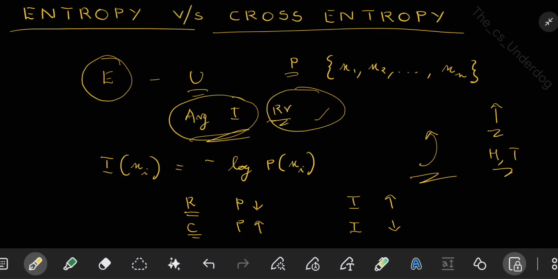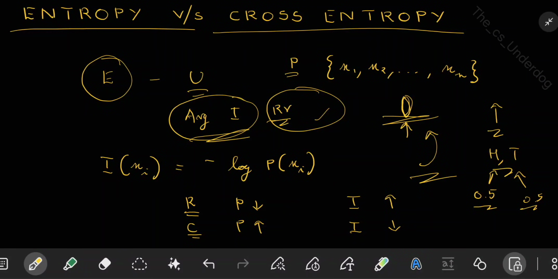But let us say I'm telling you that when I tossed a coin, it is a flat surface, and what came up was neither heads nor tails, and the coin landed like this in the middle. So this thing actually had no probability at all. According to you, 0.5 probability is for heads and 0.5 probability is for tails, and there is 0 probability for a coin to land like this.